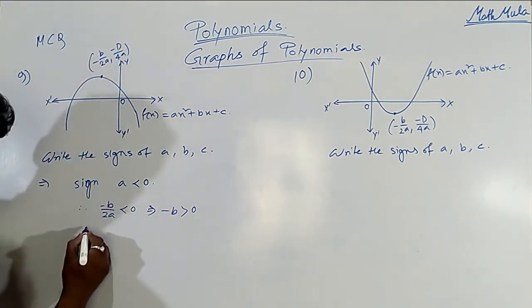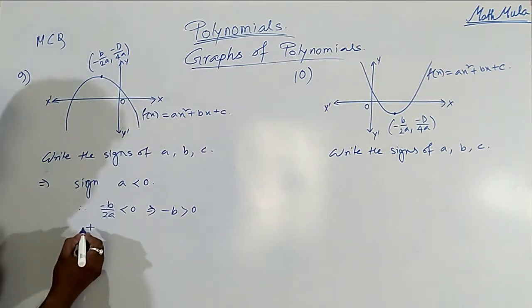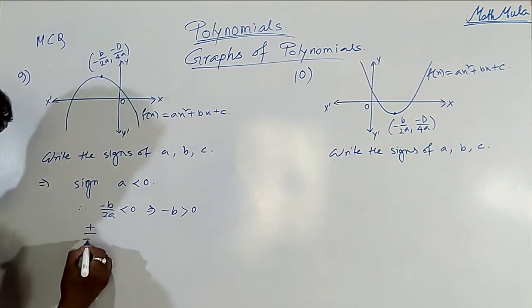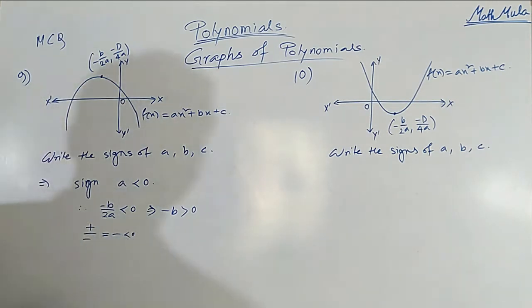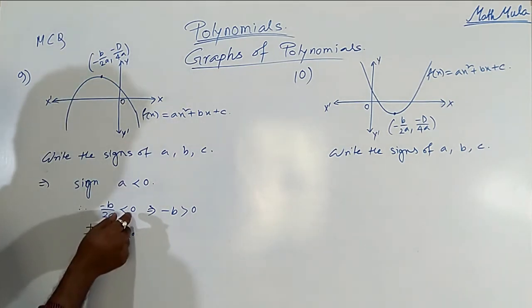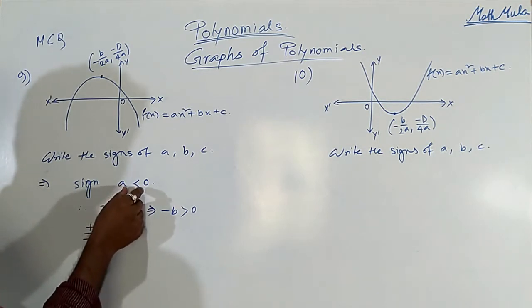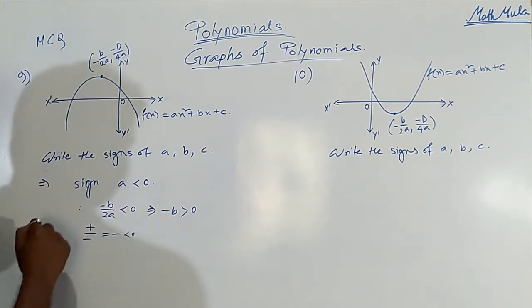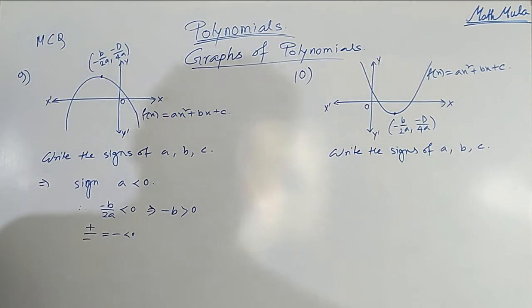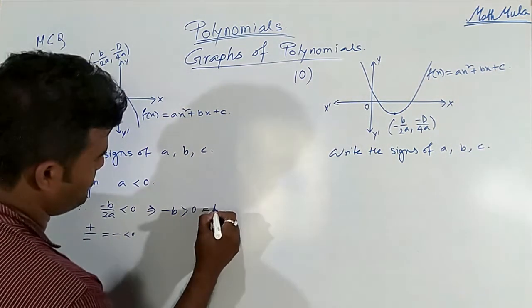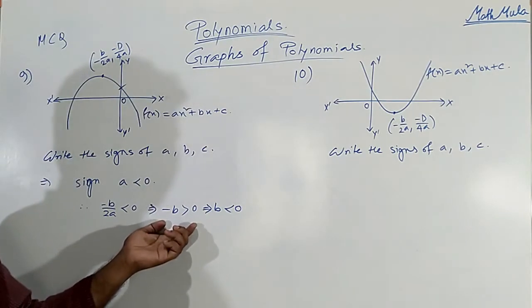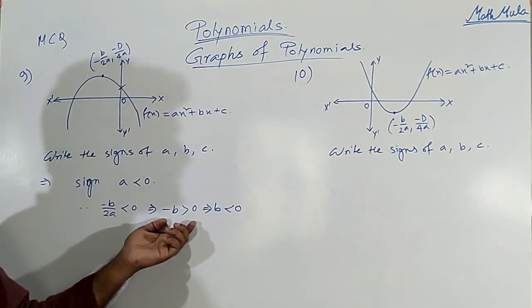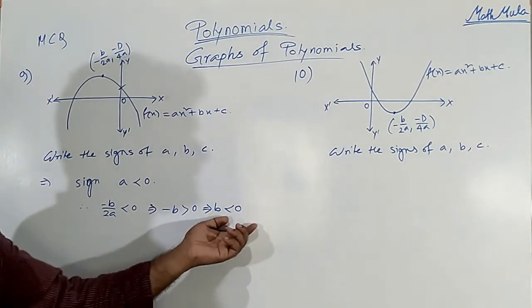If minus b is positive, numerator positive and denominator negative, the result is negative, which matches. That implies b is less than 0. The sign of minus b is positive, that implies b is negative.